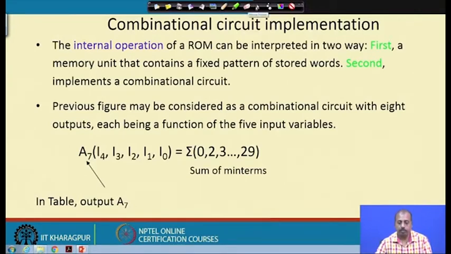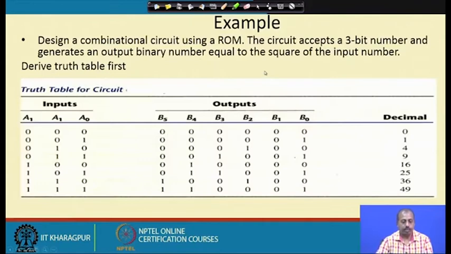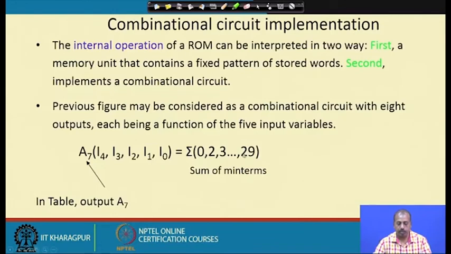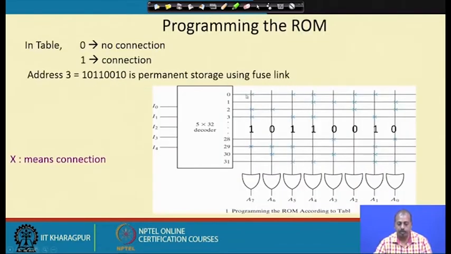then it can be realized like this. If you look back, for A7, 0, 2, 3 and 29. If you look into this table, you will see that for the 0 row this cross is there, for 1 we do not have the cross, for 2 I have the cross: 0, 2, 3 and 29. So, at these points I have got the cross.